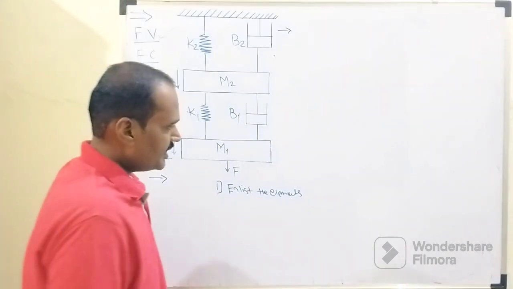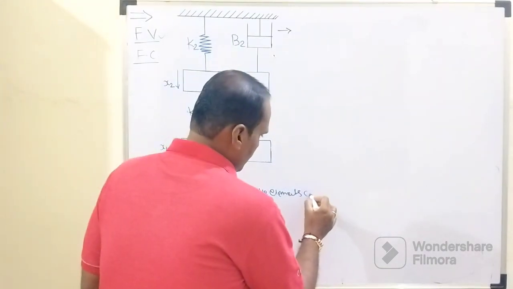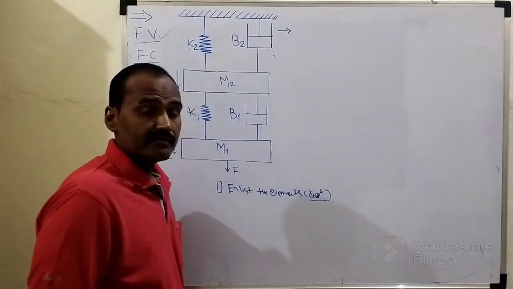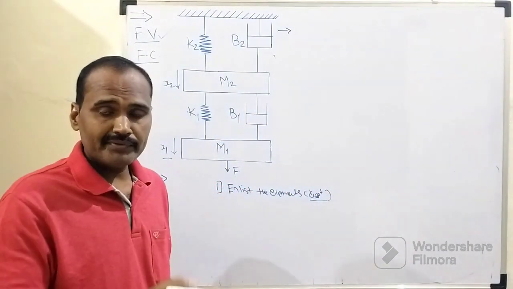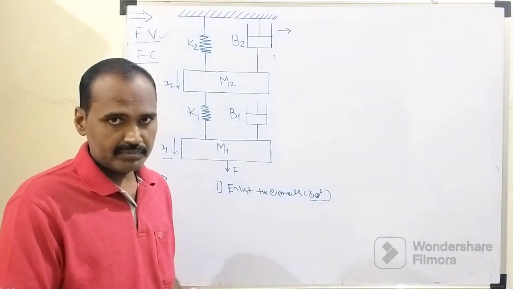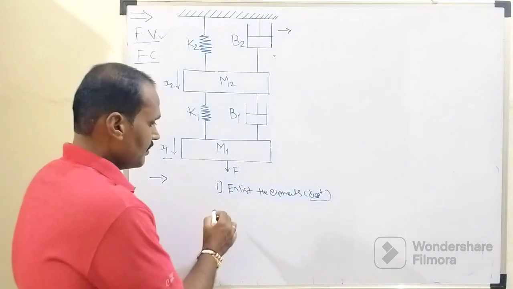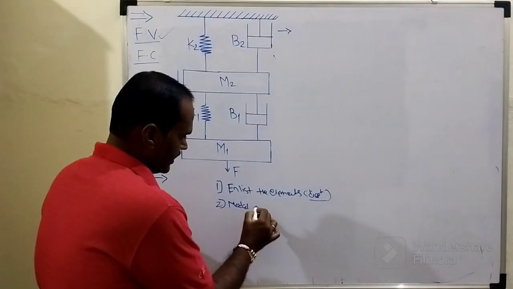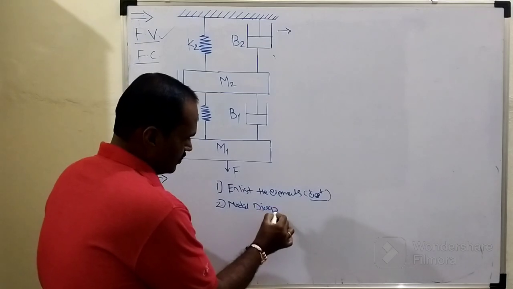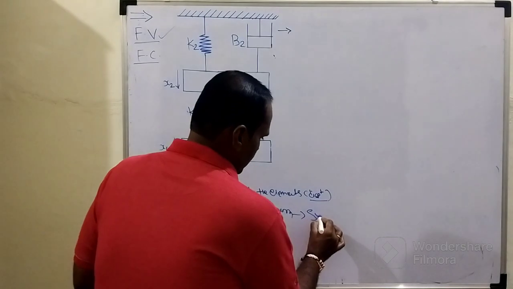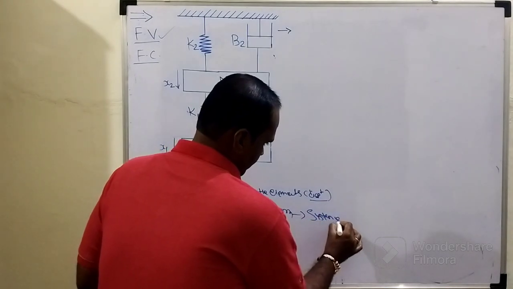Along with these elements we need to count how many displacements there are. In the first step, we need to count how many masses, springs and dampers there are. In the second step, we need to draw the nodal diagram from the collected information, and from this nodal diagram we need to write the system equation.